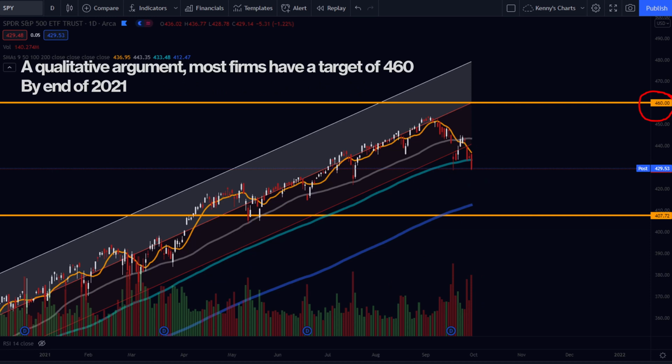So I want to make a qualitative argument right now. Most firms have a price target of around 460, and they think it's going to rally into the year's end, 2021. But again, here's 460, this little line up here, and we've definitely slipped below it. As is, we would have hit 460 by October, but folks have baked some kind of correction in.